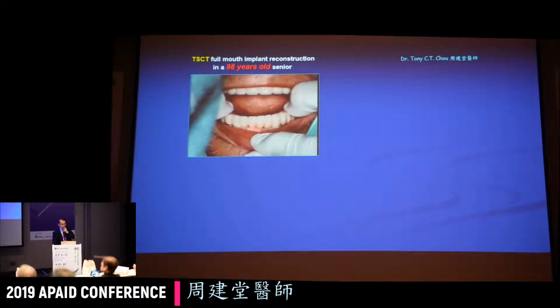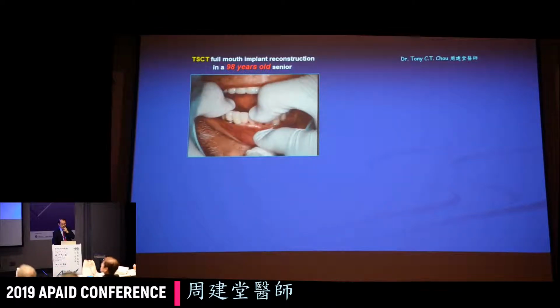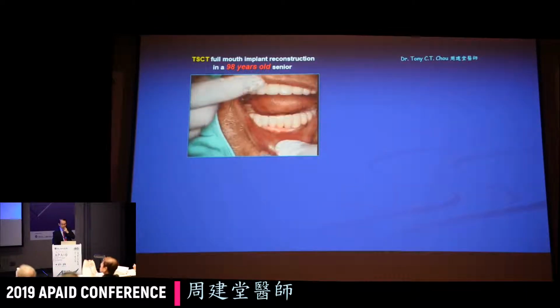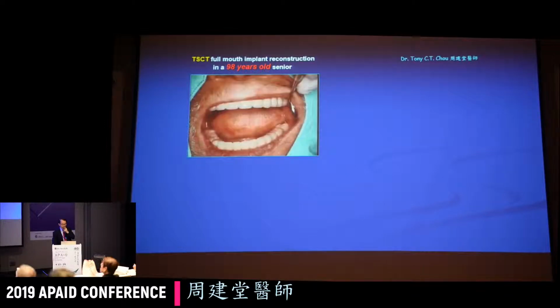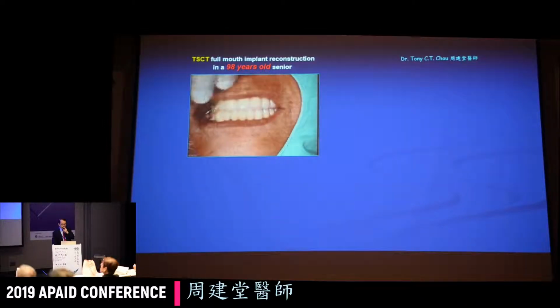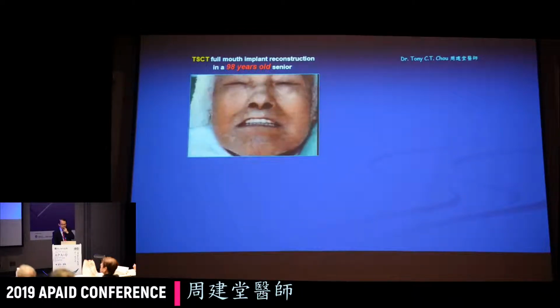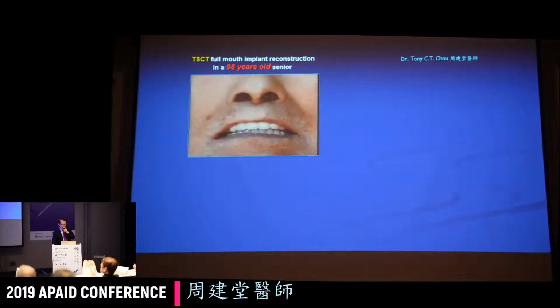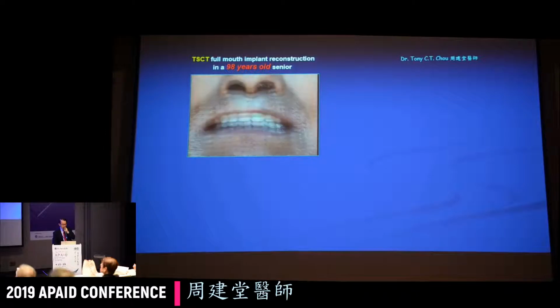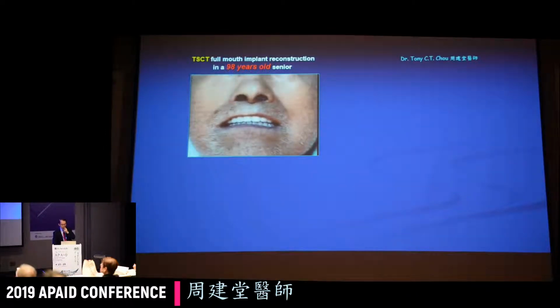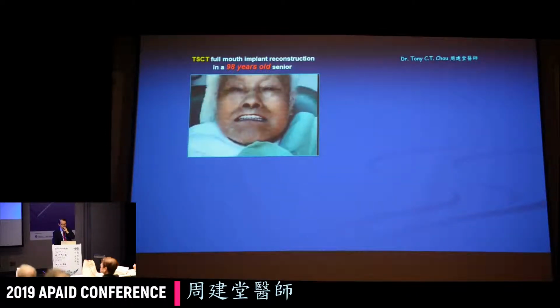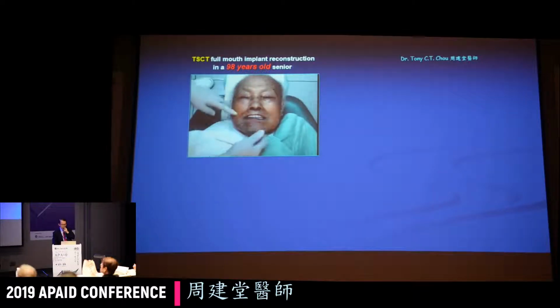This is the final process we deliver in the mandible. You see, it is so easy and so simple. And now we check the occlusion. Now both the maxilla and the mandible have full arch reconstruction, and you see the lip line appearance looks so harmonious.